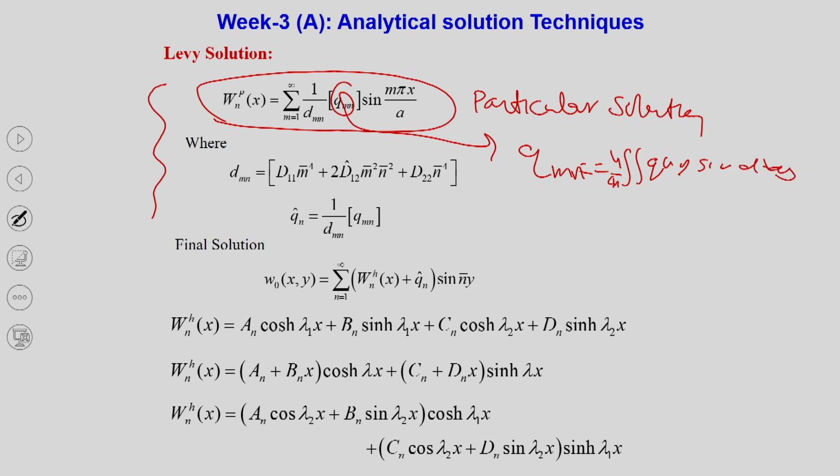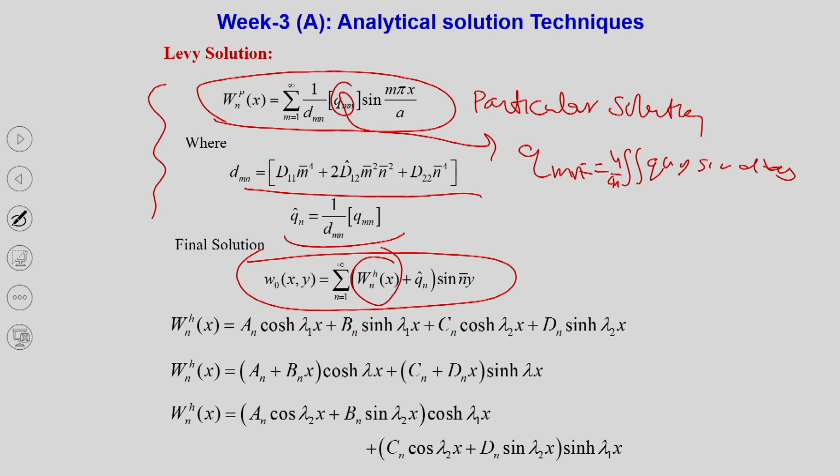Now dmn is this, qn hat, we have already defined these things in our previous lectures, and the final solution can be written as homogeneous solution and q hat, particular solution.